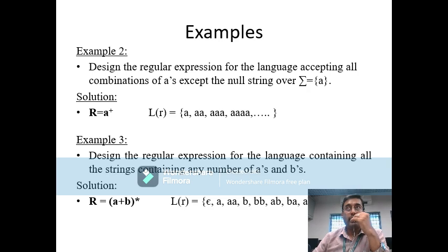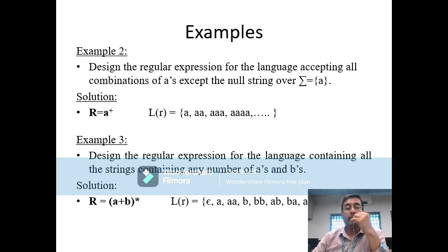So to avoid that epsilon, I have to represent it as a power plus. If I represent power plus, the null string will be avoided. If I represent star there, then epsilon, the null string, will be added at the starting. So this is the difference between null string adding and null string avoiding.